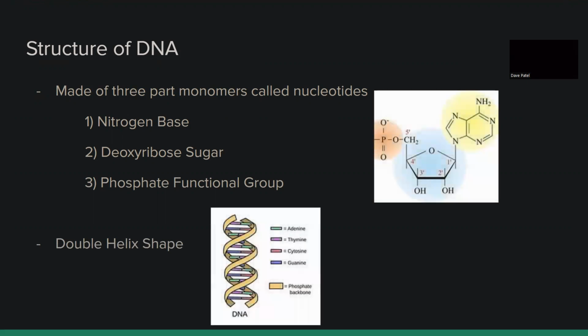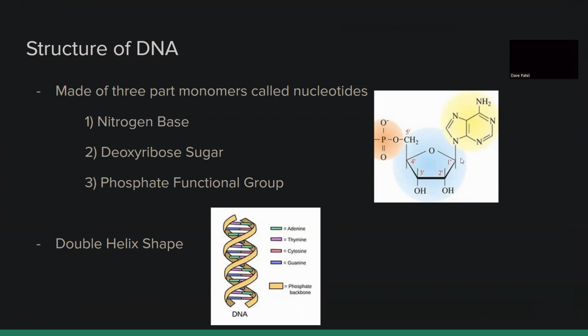And then DNA has a double helix shape, which is pretty common knowledge. This image up here basically just shows the structure of a nucleotide. You have the red highlighted phosphate group, and you have the deoxyribose sugar. A super important thing to remember is how the carbons are organized in any sugar.